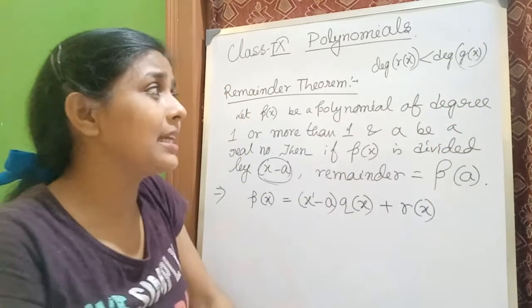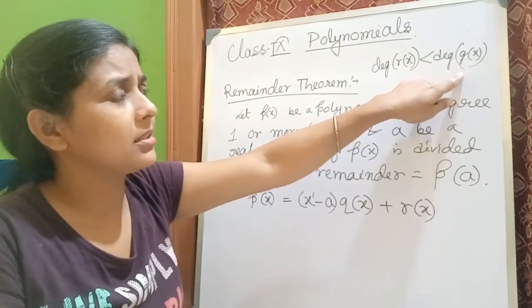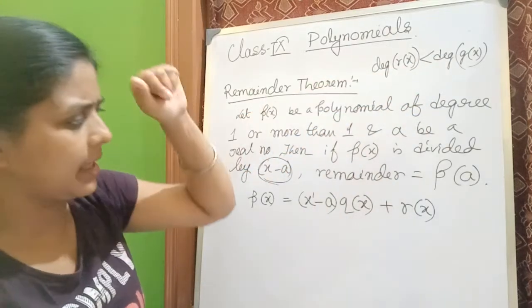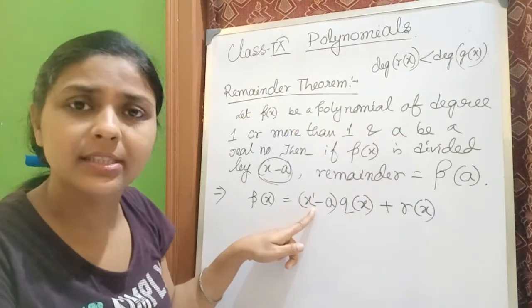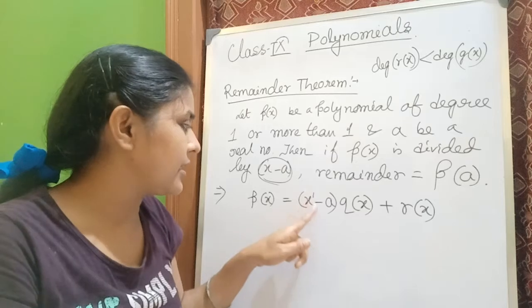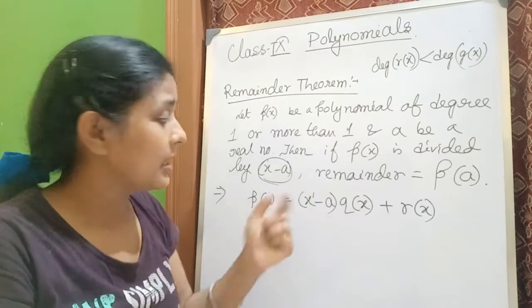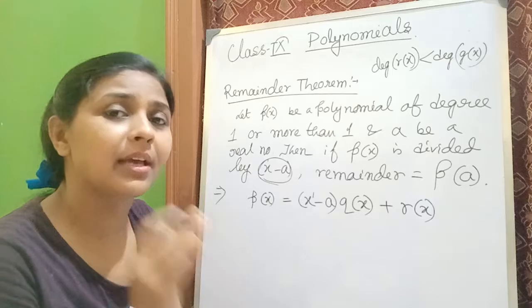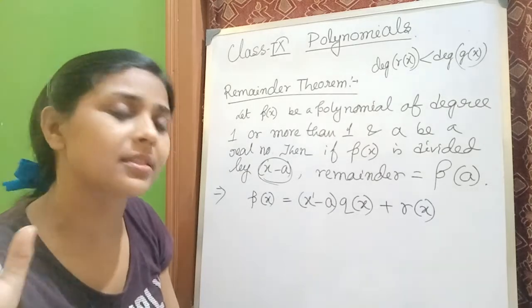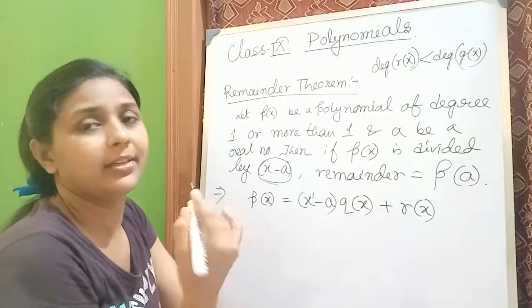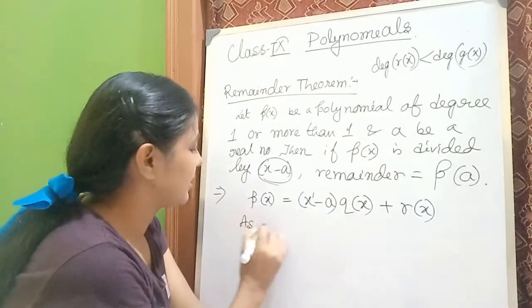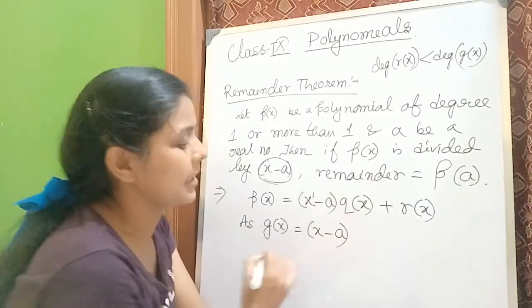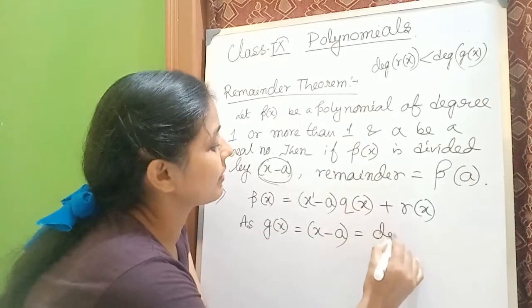As the degree of g of x will always be greater than degree of r of x, and g of x is this, its degree is 1. That means r of x must have degree 0.